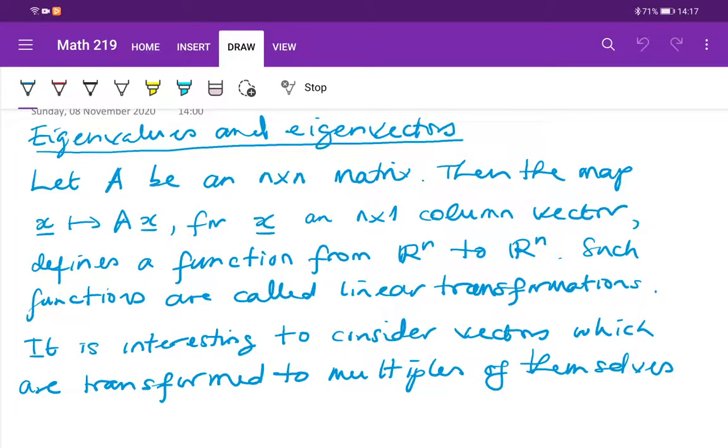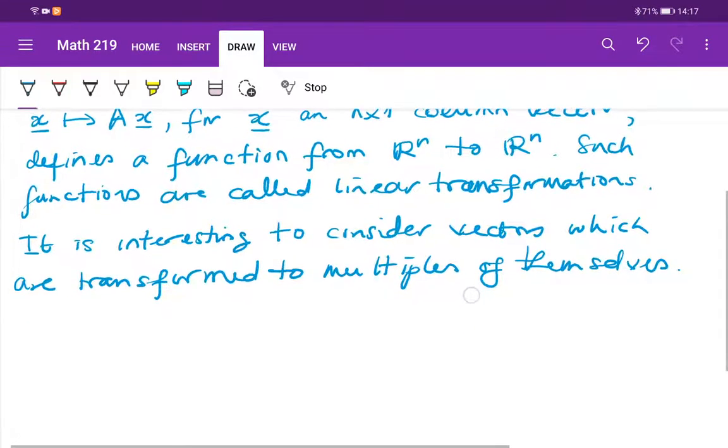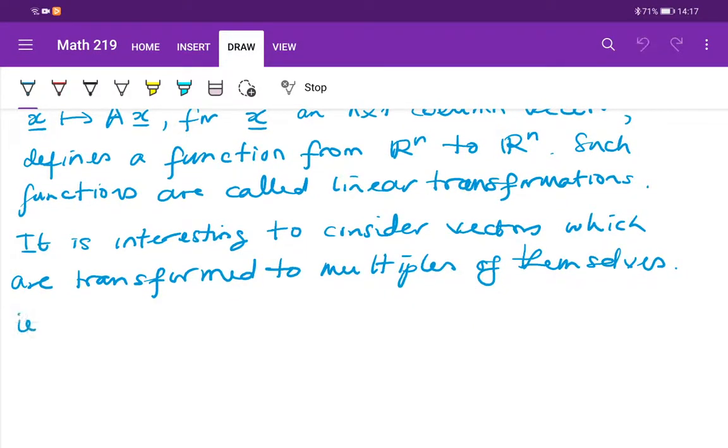So what does this mean? This means we're looking for a vector x which gets sent to a multiple of itself, say lambda times x.